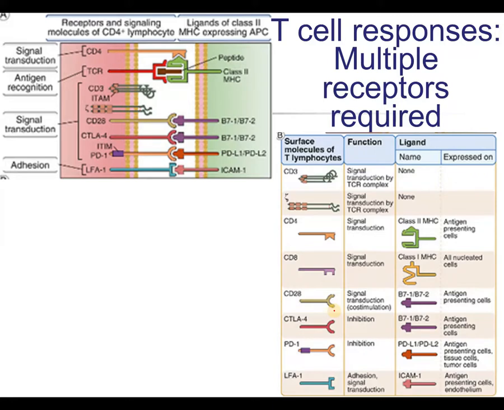I put this up early because we are going to be talking about many of these molecules that are listed on this slide, and this is a really good thing to come back to. Many of them you already know, which I'm sure you'll be thankful for. For example, this is the receptor that is seen, or all the receptors that are seen on a CD4 positive lymphocyte. These would be slightly different on a CD8 positive lymphocyte, but not extraordinarily different.